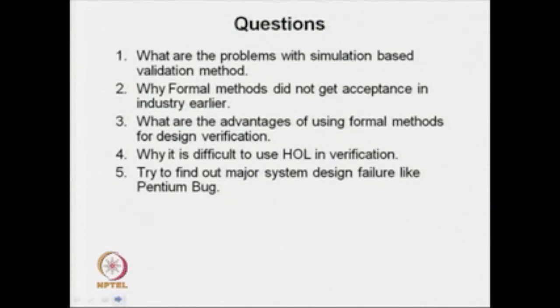Third question: what are the advantages of using formal methods for design verification? I have not mentioned it probably, but in due course we are going to talk about it; you can also explore information on the net. One basic thing is that we use a formal mechanism to specify or model our system, and to give the property.